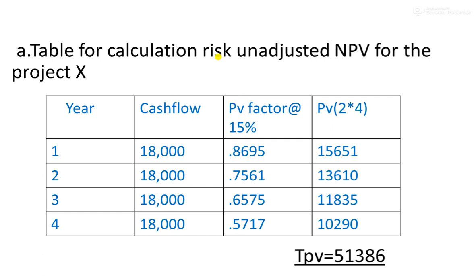Dear students, look at this factor. This is the 15% we used here, the firm's cost of capital. So when we use the firm's cost of capital rate, then we find the risk unadjusted NPV.